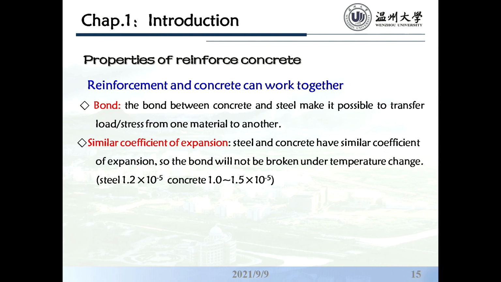In the cold, they have a small volume. In a hot environment, bigger. So for this, people proposed an index named the coefficient of expansion. And for concrete and the steel bar, this index is really close.